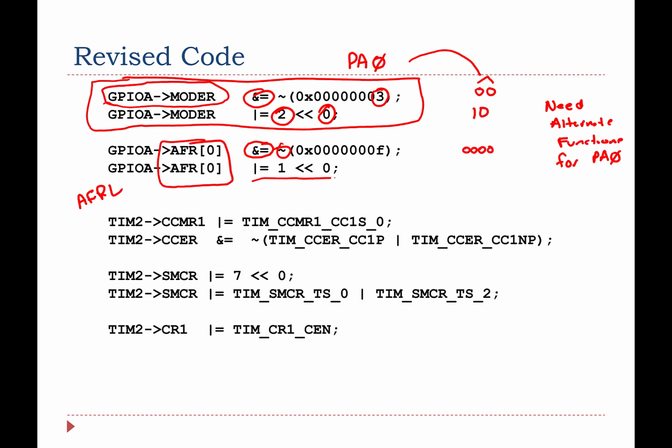And then it says, okay, what are we going to do? We're going to bitwise OR with 1 shifted 0 places. Okay, 1 shifted 0 places is going to put 0, 0, 0, 1 in there. It's not being shifted.